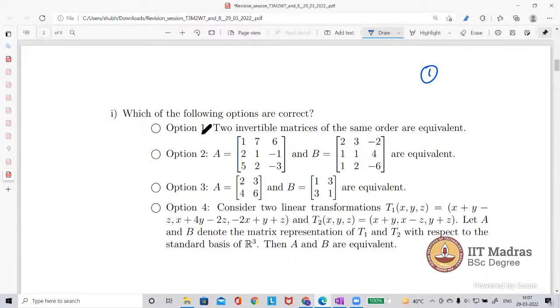Third one is wrong. Okay, so third one is wrong. Yeah, I agree. Third one is wrong. Second one also wrong. Okay.